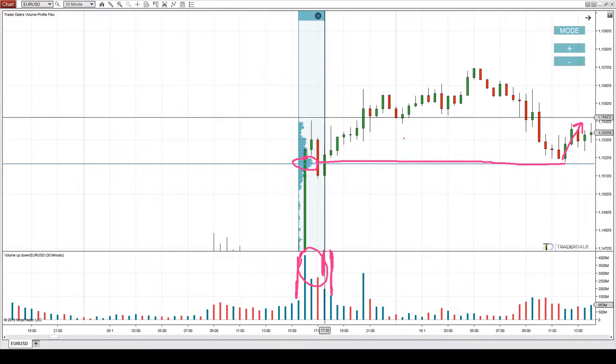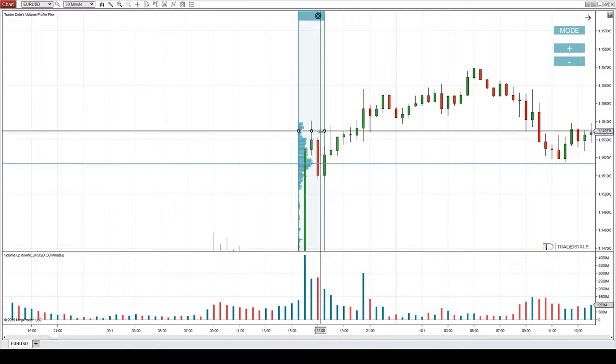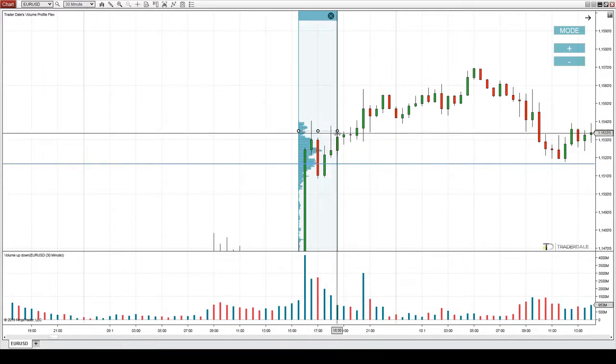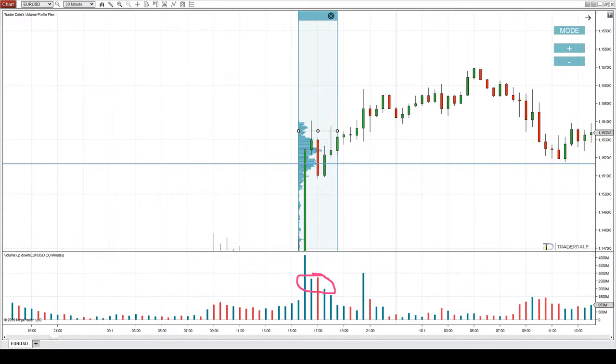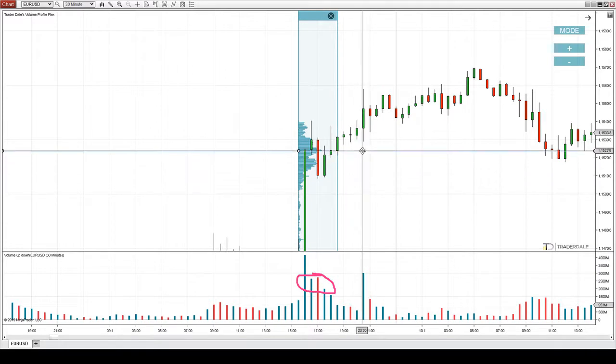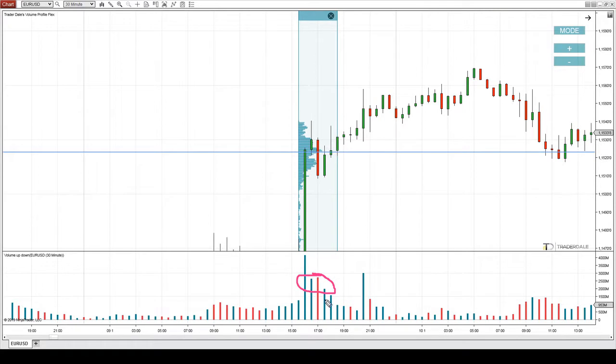Let me see if the volumes change if I move the profile. If I make it wider to see the whole peak area. This one. Okay, so now the volumes are higher. So I should probably use it like this to see the whole volume peak.